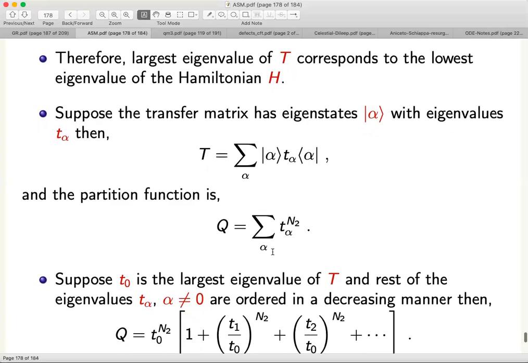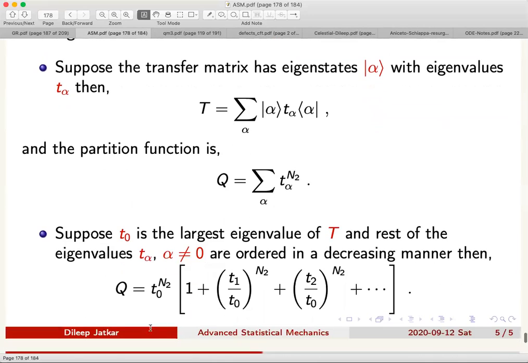Then in our partition function, we can just pull out T0 to the N2 outside, and the partition function would look like T0 to the N2 times 1 plus T1 by T0 to the N2 plus T2 by T0 to the N2 plus dot dot dot. Clearly, T1 by T0, T2 by T0 are quantities which are less than 1, because T0 is the largest eigenvalue. If you take the thermodynamic limit, then these terms are highly suppressed.